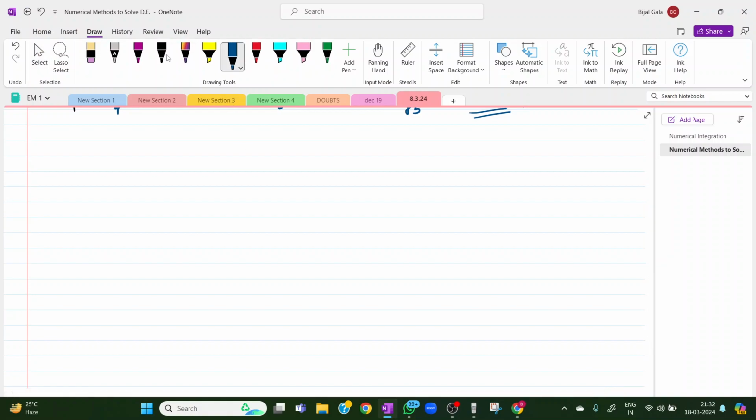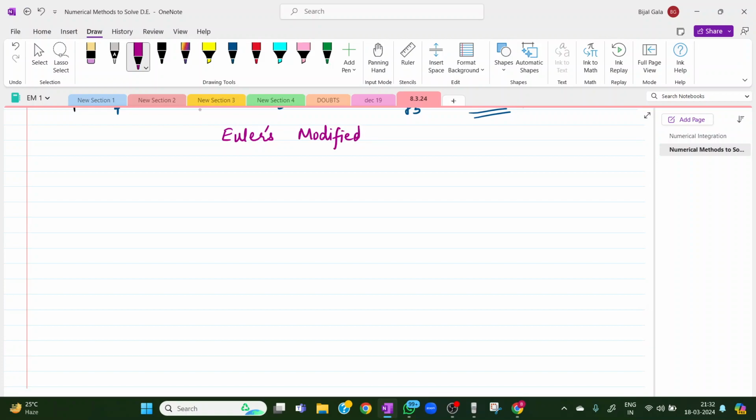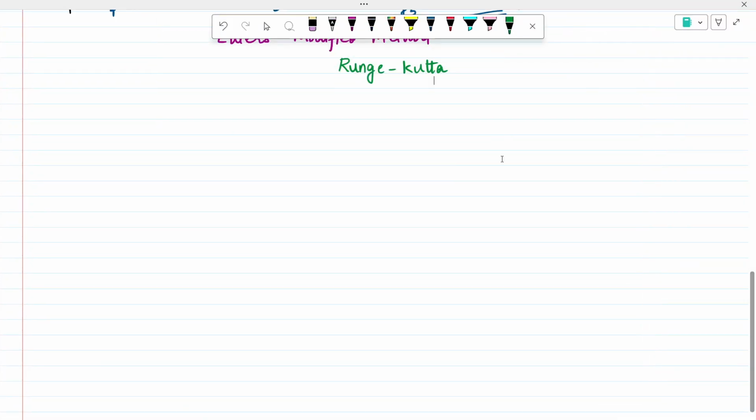Euler's modified method, also called the Runge-Kutta method of second order.